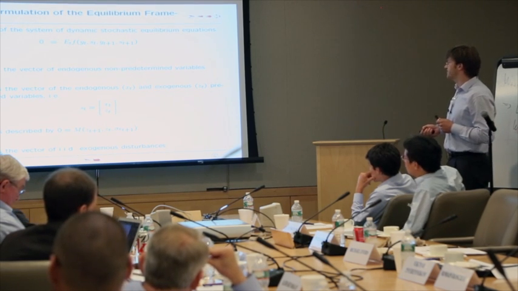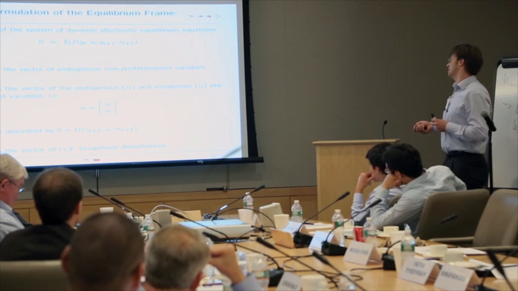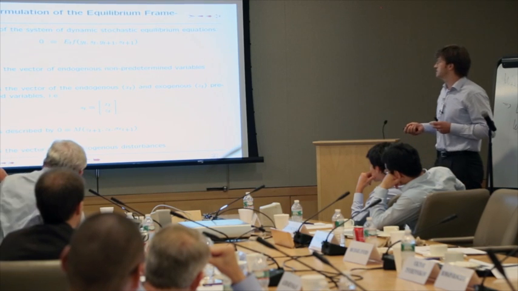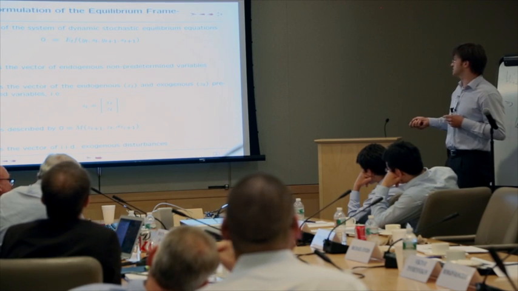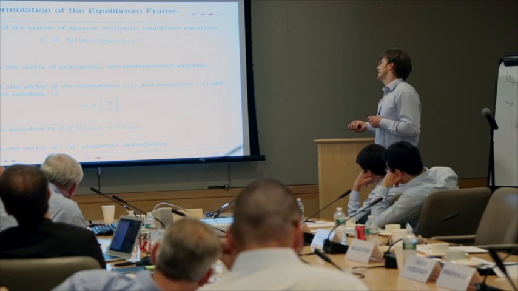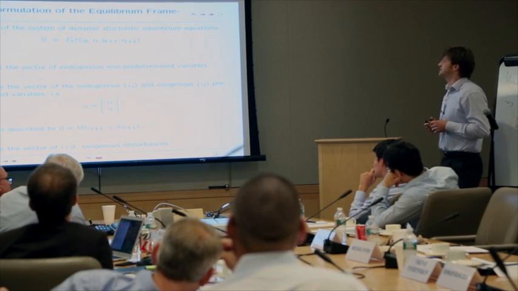The exogenous state variables are given by this implicit formulation, which is a bit more general than just having it in a linear fashion, but the main point to take here is that for the exogenous variables, you can use this separate formulation to solve directly up to order k the implications of the exogenous process in this shock term. Epsilon is the vector of IID exogenous disturbances, and I follow, for instance, your approach to use this sigma as the scaling parameter.